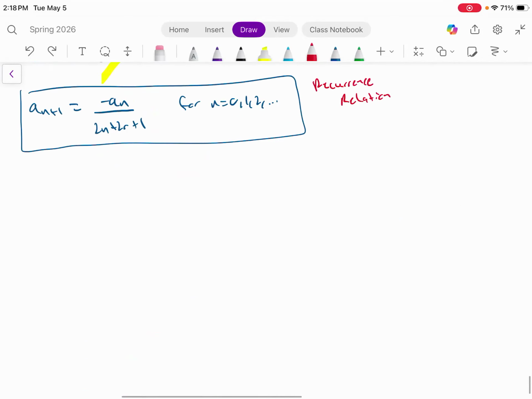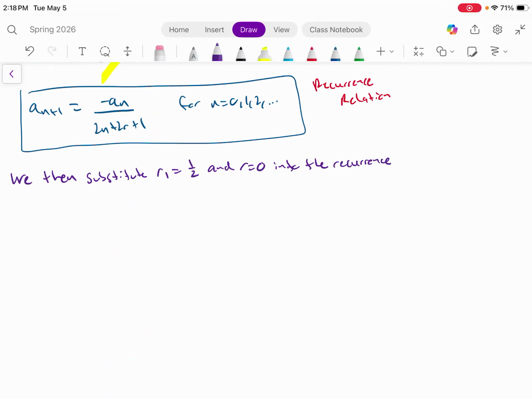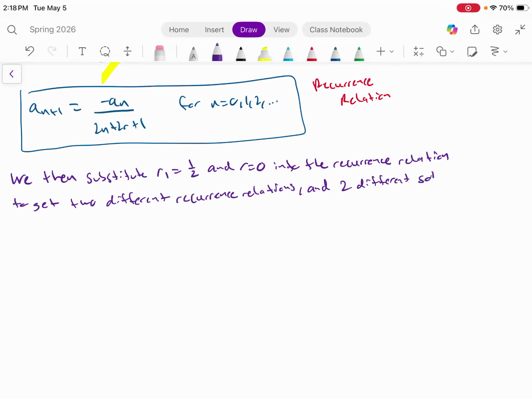So what we need to do now is substitute r1 equals 1/2 and r equals 0 into the recurrence relation to get two different recurrence relations, and giving us two different solutions.